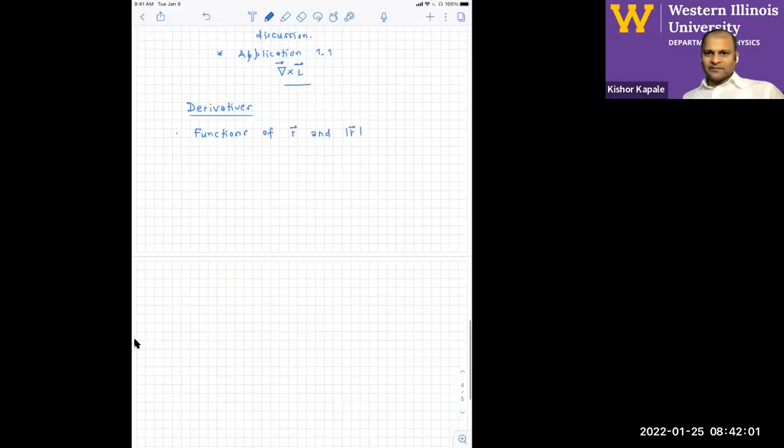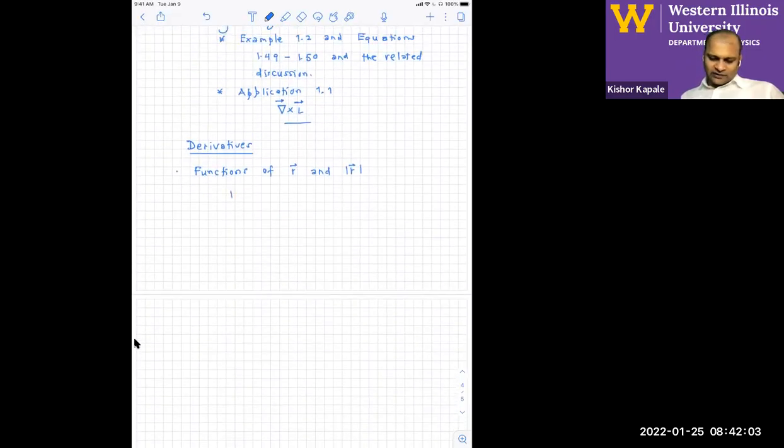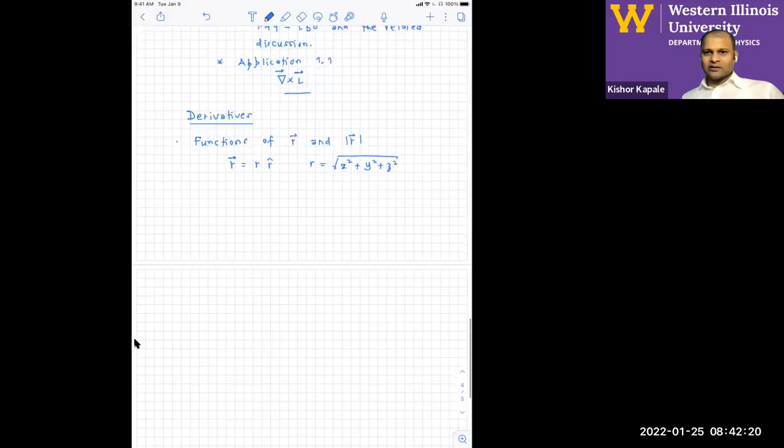Okay, everybody with me? And position vector r is given as r r-hat, where r, if you wanted to express it in Cartesian coordinates, would be, according to the Pythagoras theorem, the square root of x squared plus y squared plus z squared, where x, y, z are the Cartesian coordinates of that point that we're talking about. Everybody with me? Make sense?